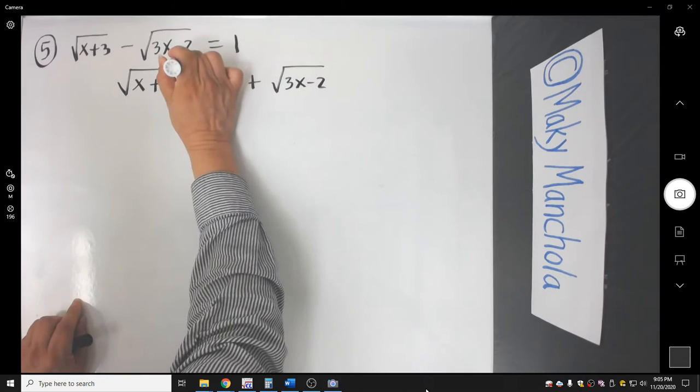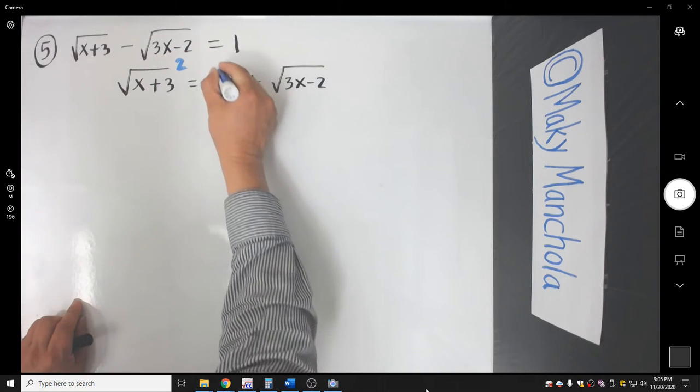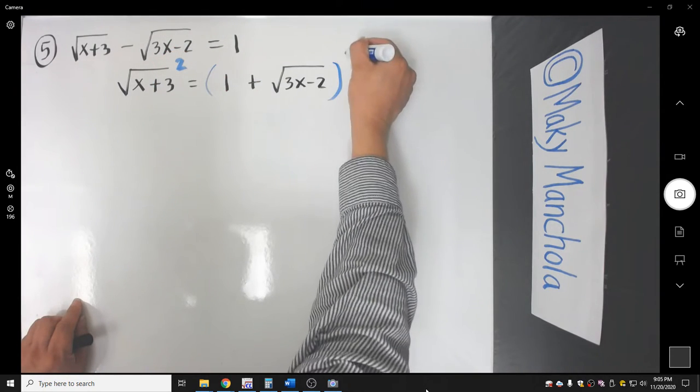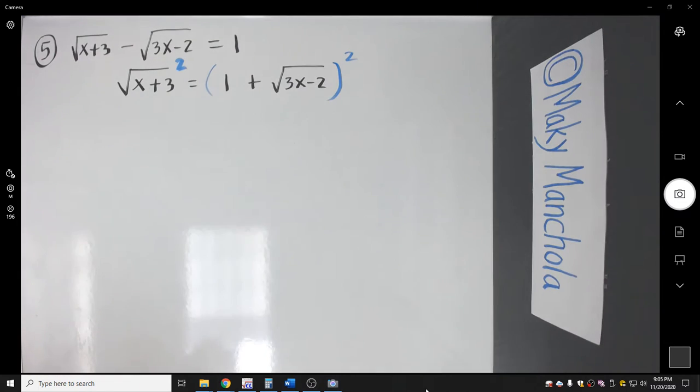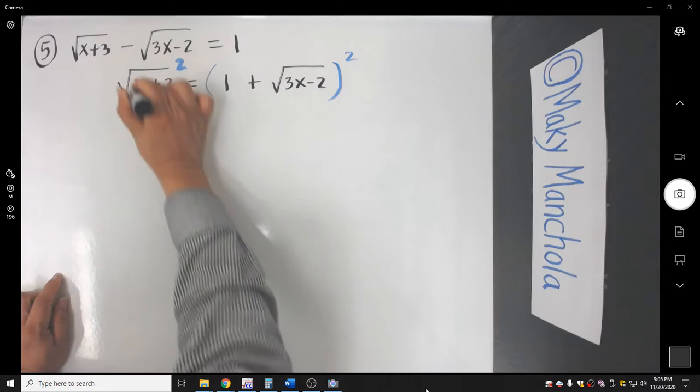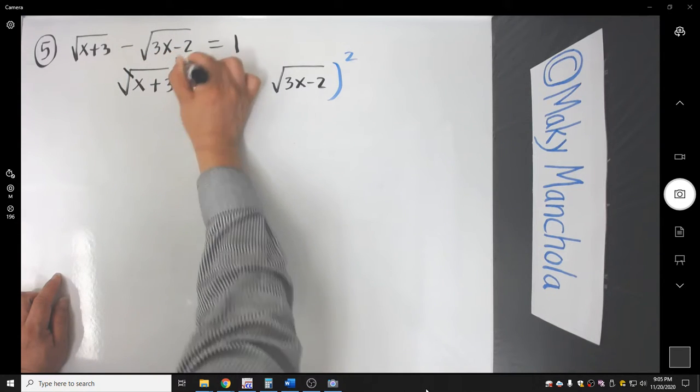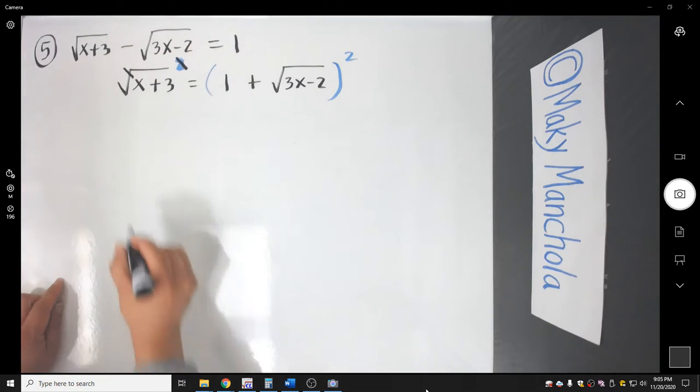So square on the left side and square on the right side. On the left side, the square root squared cancel each other, and we obtain the radicand, x plus 3.